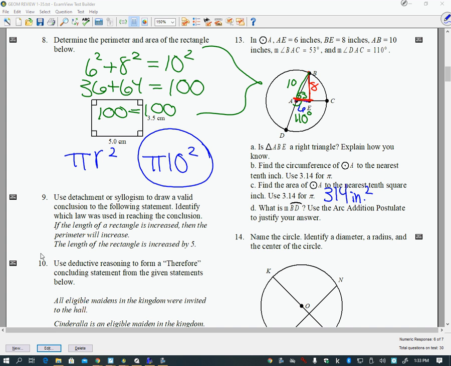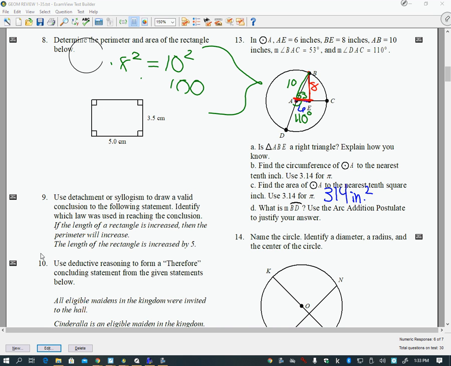Okay, what is the measure of arc BD? I'm going to erase some things up here. Okay, so we have somewhat of a problem. Is BD a diameter?